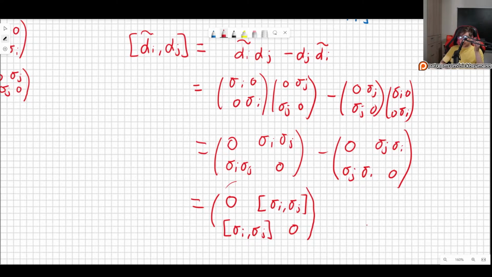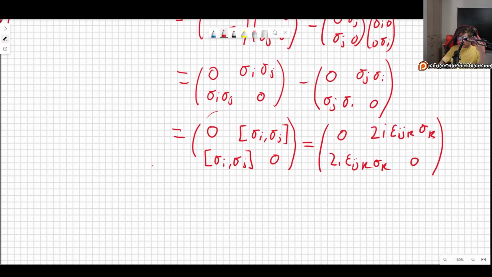That's the commutator between Pauli matrices, which we have seen in the past. Of course, we have to write this in a more generalized form, so we'll use the Levi-Civita symbol as before. So this is 2i epsilon I j k sigma k, and 0, and then 2i epsilon I j k sigma k, and 0. Of course we can factor out the 2i epsilon I j k.